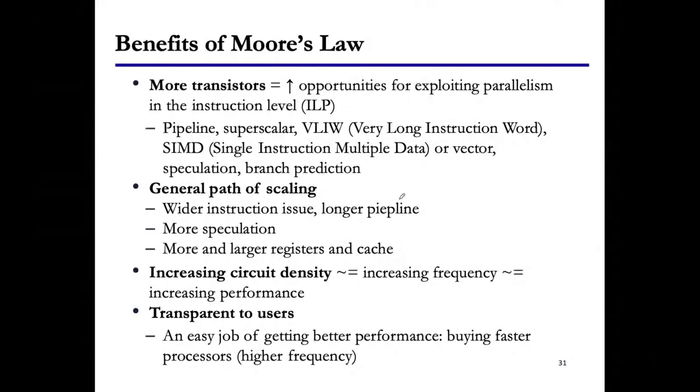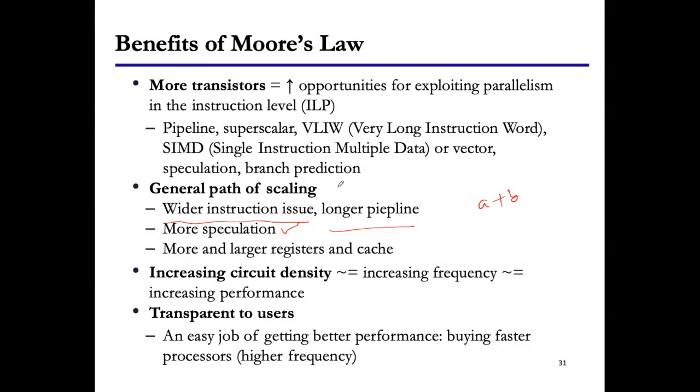Another benefit is the general path of scaling. What does it mean? To execute instructions like A plus B, wider instruction issue and longer pipelines are possible. More speculation is also possible with the general path of scaling.